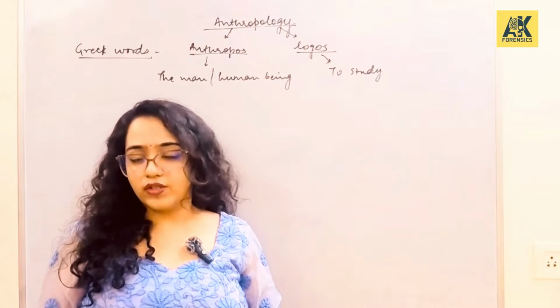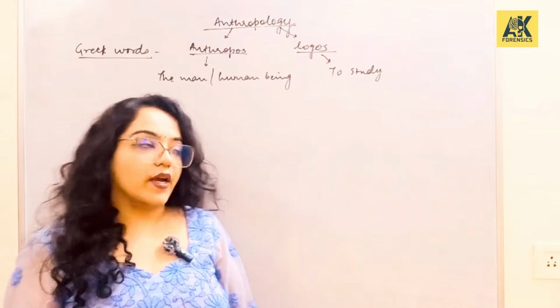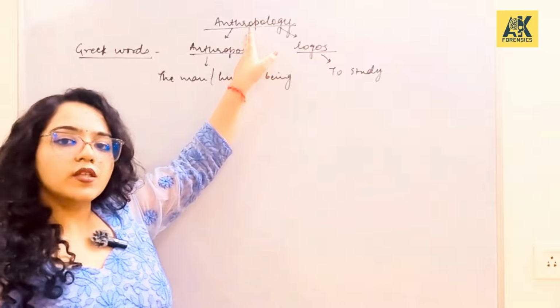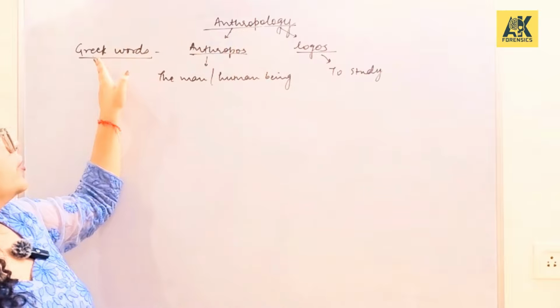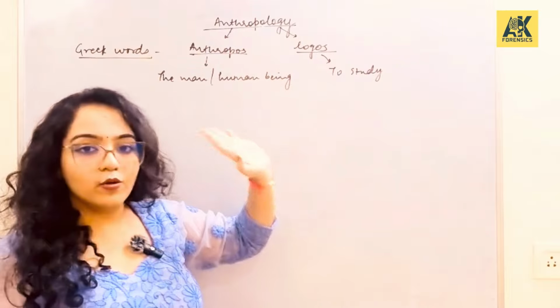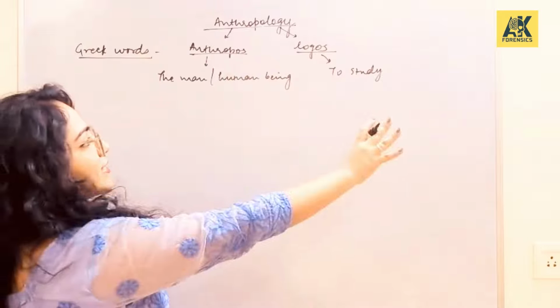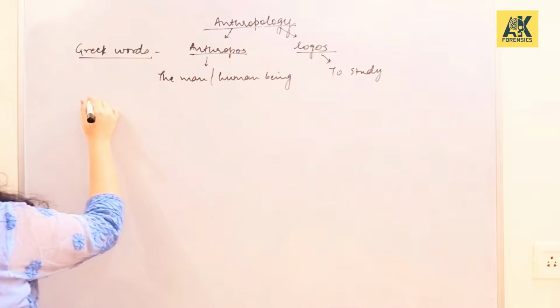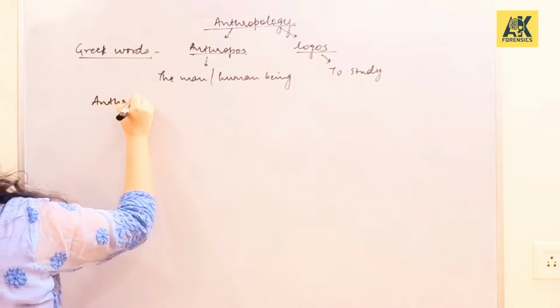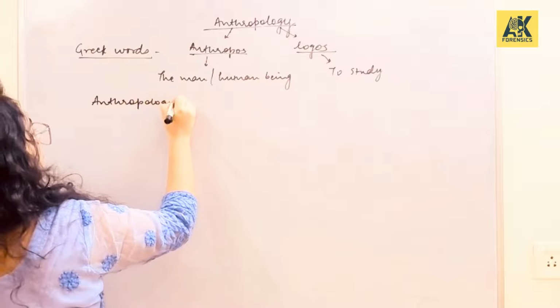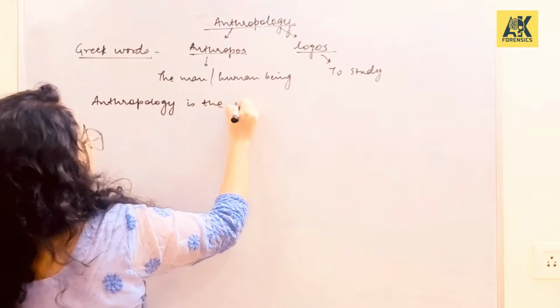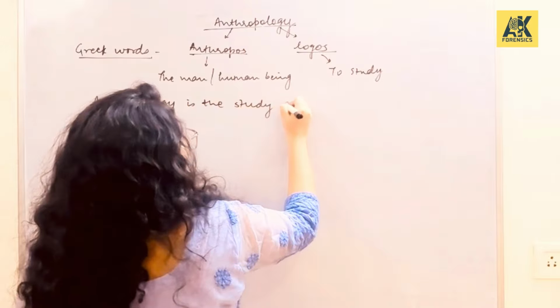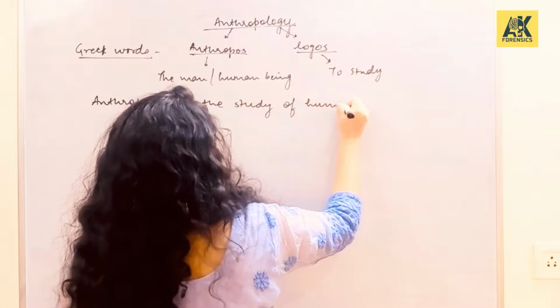So it's better to keep this in mind. The word anthropology is derived from two Greek words, anthropos and logos. If we broadly say, anthropology is the study of human beings.